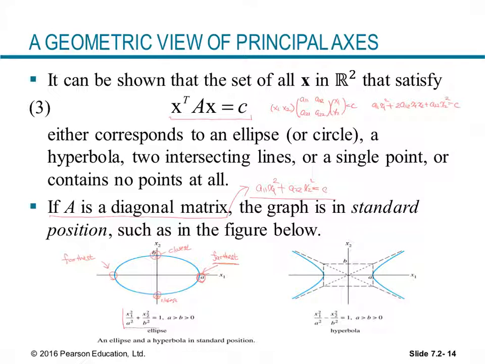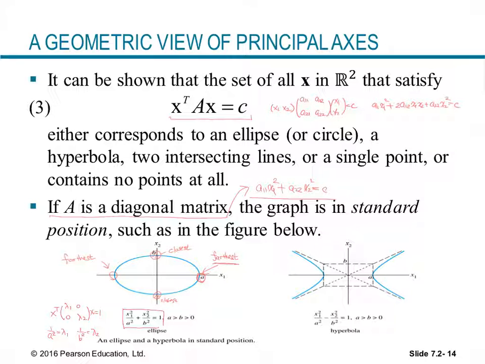If this equation of the ellipse corresponds to x transpose times the matrix lambda 1, 0, 0, lambda 2 times x equals 1, then 1 over a squared is lambda 1 and 1 over b squared is lambda 2.